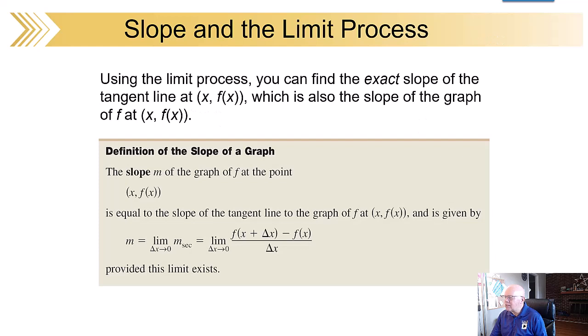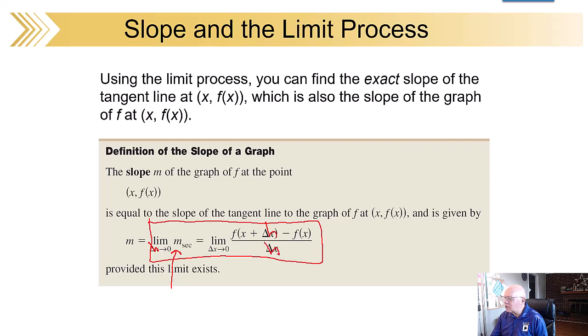So here's the definition of the slope of a graph. Starting out with the slope of the secant, but as h approaches 0, this becomes close to the slope of the tangent line. Here's your basic formula.